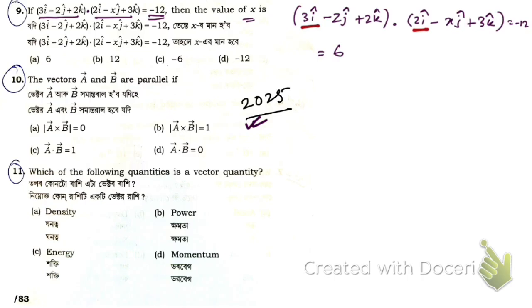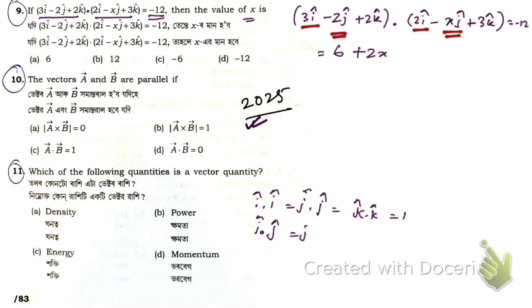Then minus 2 into minus x is plus 2x, since j dot j is again 1. Hope you know that i dot i is equal to j dot j is equal to k dot k is equal to 1, and i dot j, j dot k and k dot i are equal to 0.